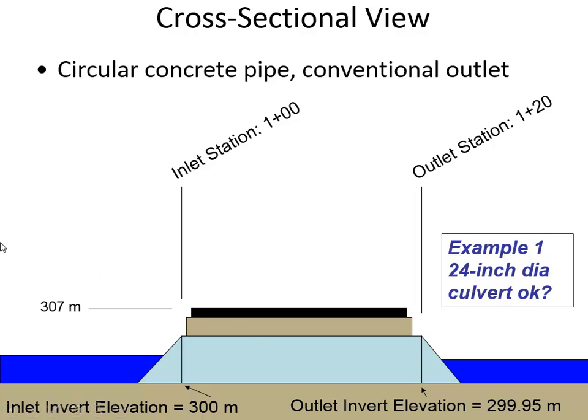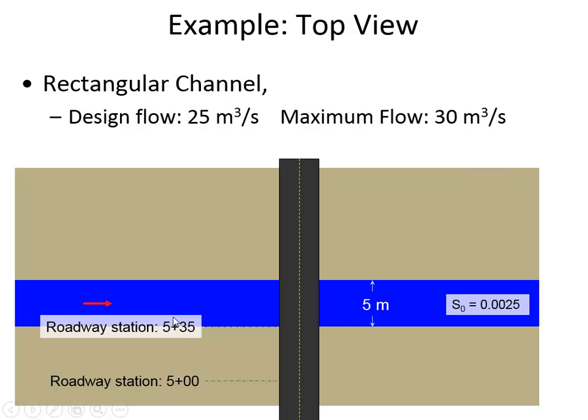In addition to the elevation, it's going to want to know how wide the road is. It's going to want to know the length of the crest, because when overtopping is occurring, it looks like a weir, with flow going over the edge of the roadway. So here we've got our channel. Think about the water level. Here's a circular culvert, and then here's the road.